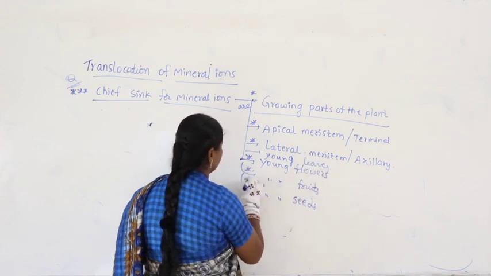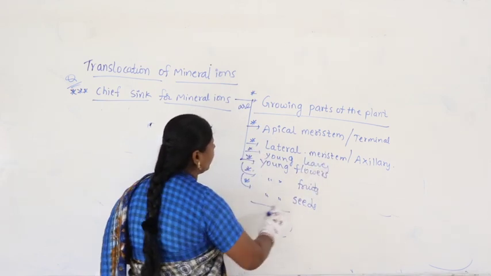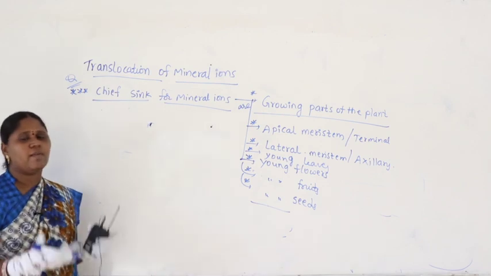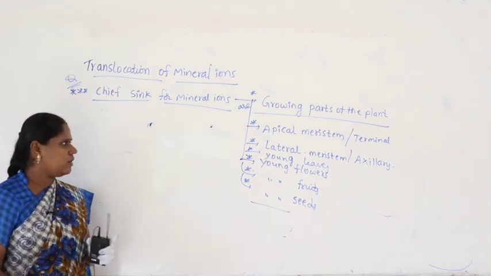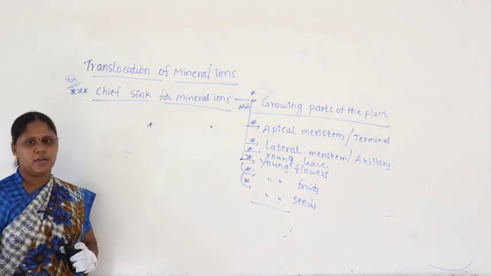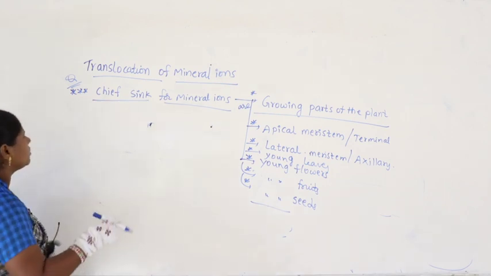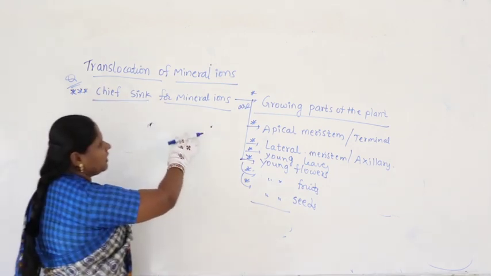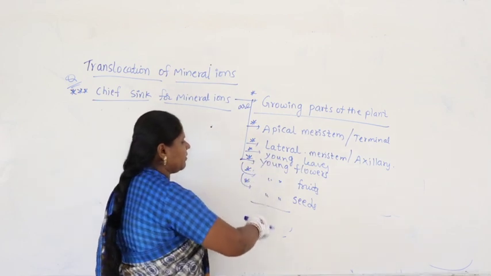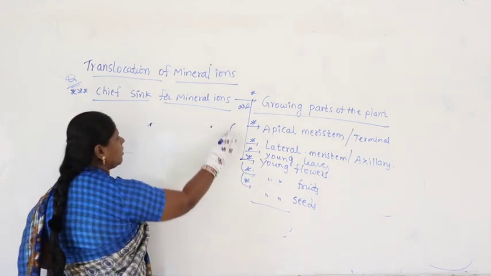So in all these cases we find the growing parts of the plant, where they have a lot of concentration of excess quantity of minerals. So whenever we get the question that chief sink for mineral ions, remember growing parts of the plant. What happens in all these plants?